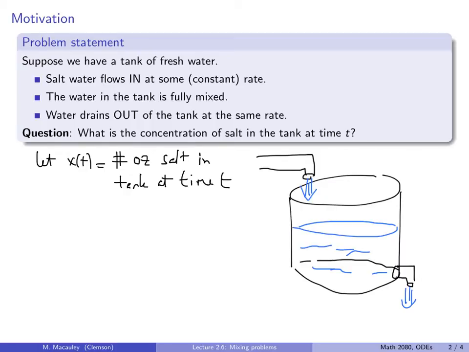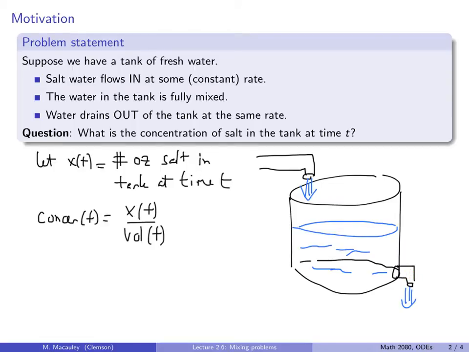If we can figure out what x of t is, then the concentration at time t is x of t divided by the volume of the water in the tank at time t. And in this case, it's constant because our rate in is equal to our rate out.